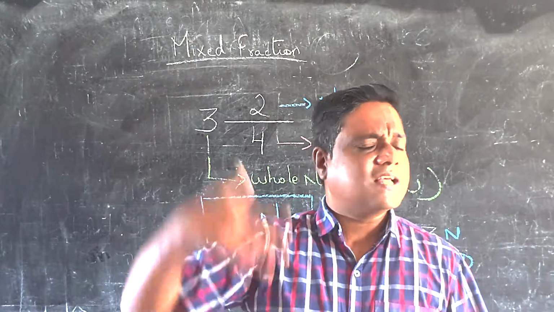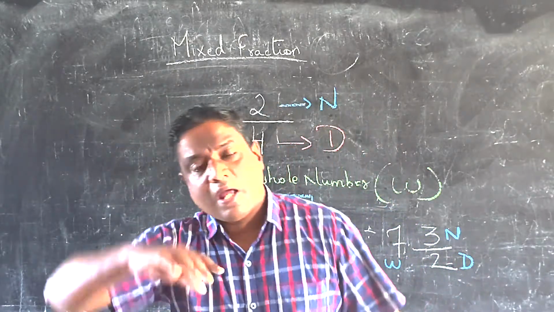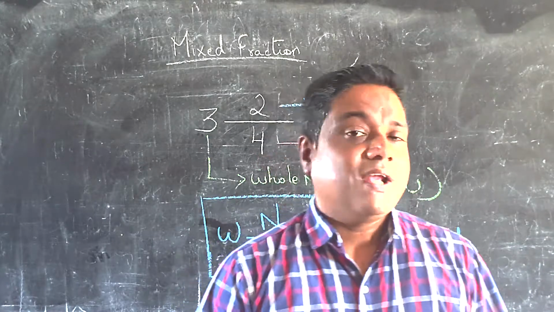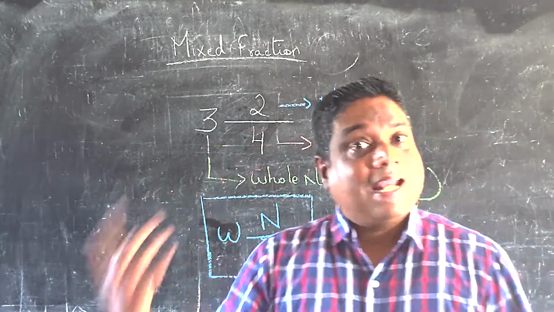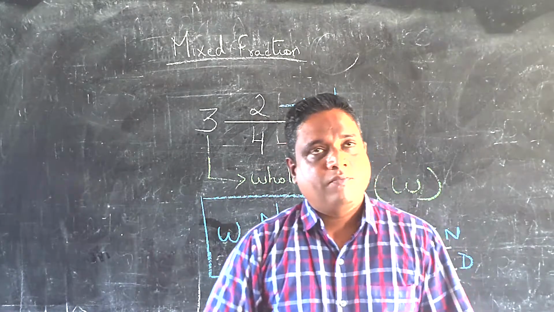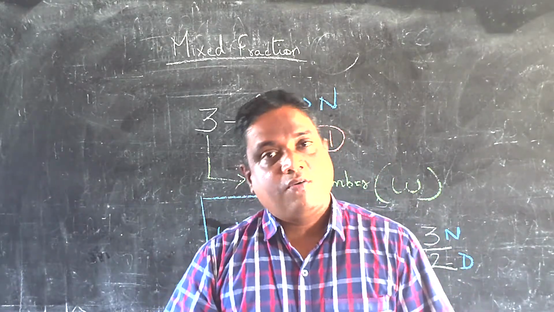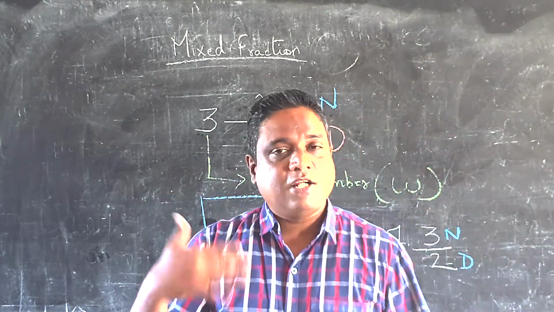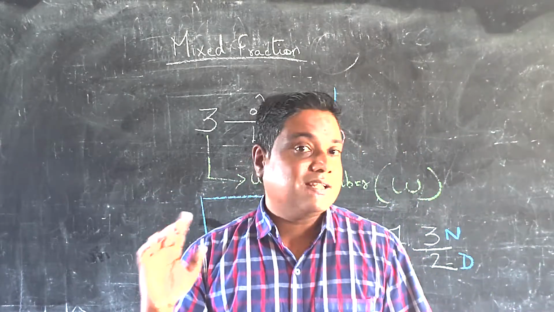An improper fraction is just the opposite, wherein the numerator is greater than the denominator, like 10 upon 5, 100 upon 50, 25 upon 5.